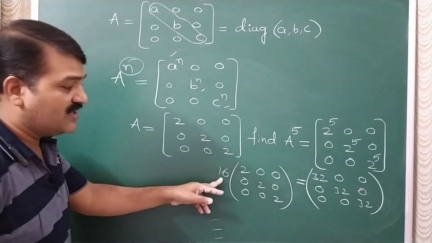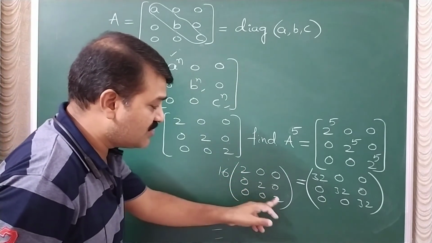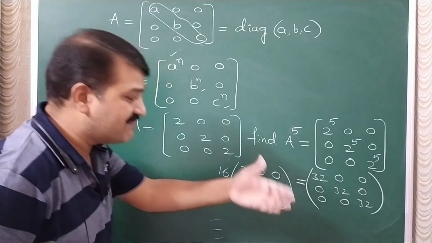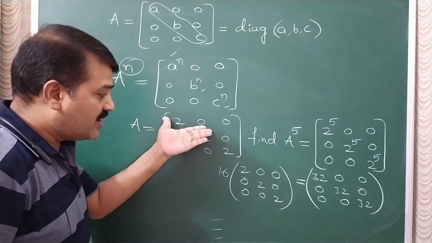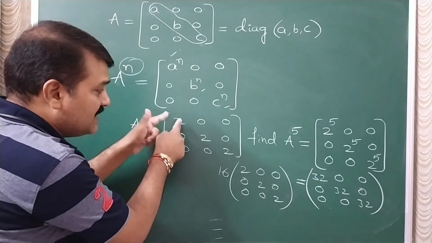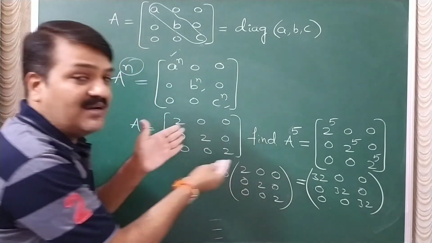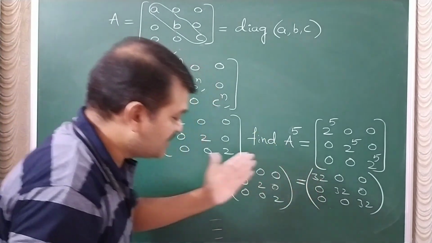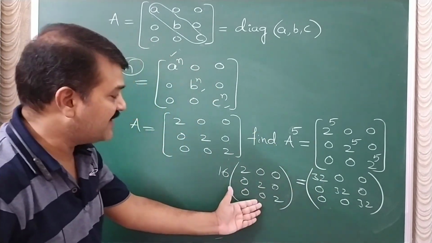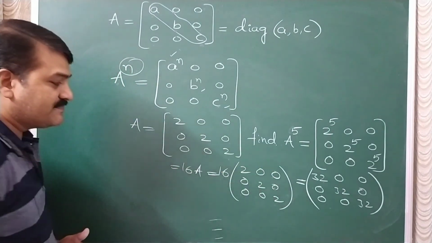Why do you want 16 common? Because I want 2 0 0, 0 2 0, 0 0 2 to be left after taking common. Therefore, I took 16 common. This is left. What is this matrix? A only.